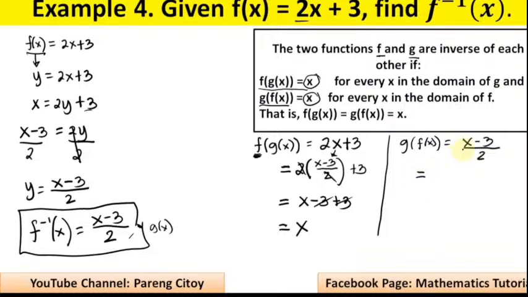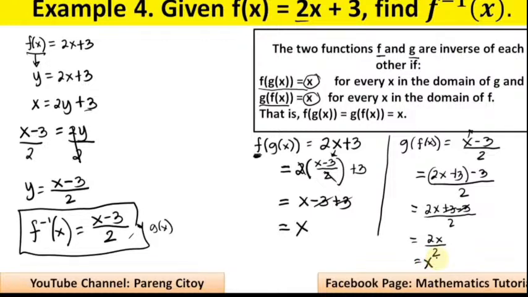Then ang value ng x dito, that is value ng f of x. So si x magiging 2x plus 3, minus 3 over 2. Then simplify. So we have 2x plus 3 minus 3 over 2 equals, so 2x over 2. What is your answer? 2x divided by 2, so that is x.